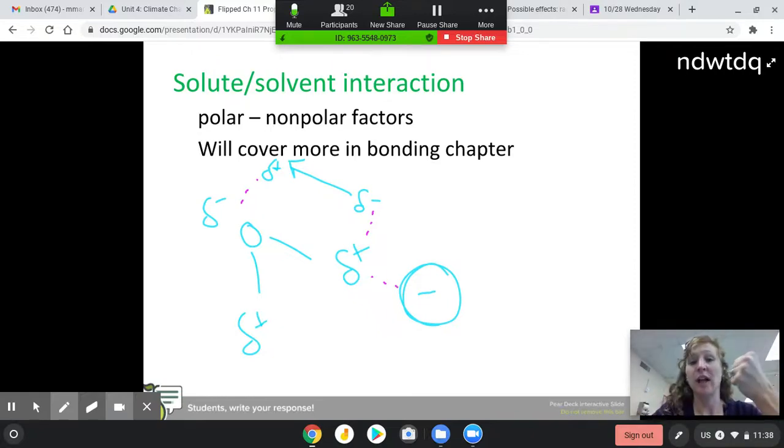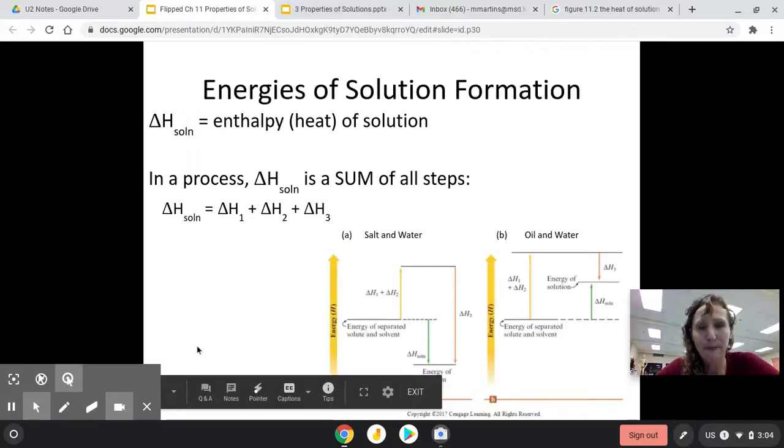And so you're going to have no solubility there, right? Your solvent matters, your solute matters. And most of the time we look at this in terms of polarity. Now there is another way we can look at this, which is in terms of lattice energy. And we'll get there once we cover a couple more basic concepts first.